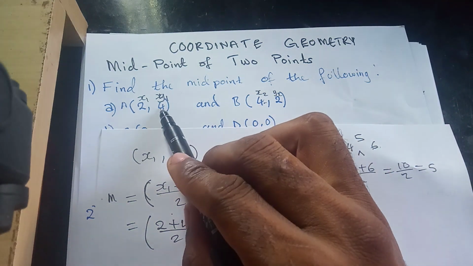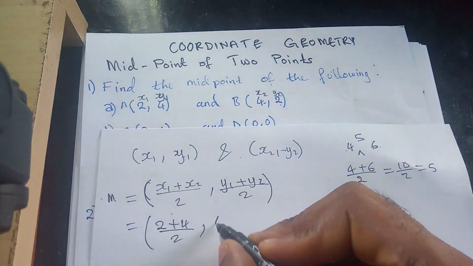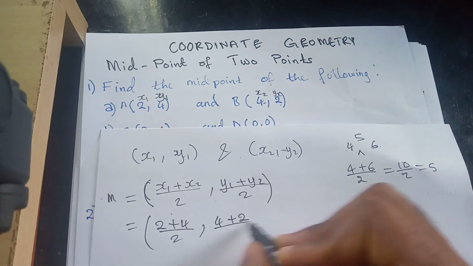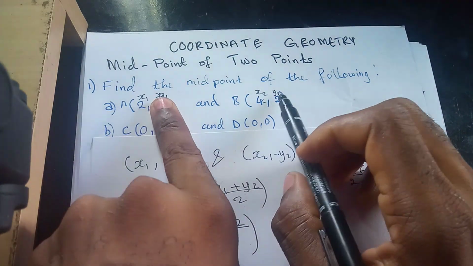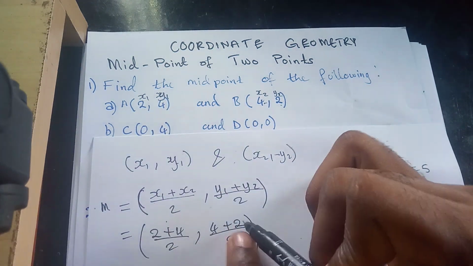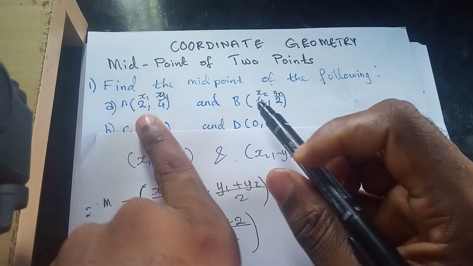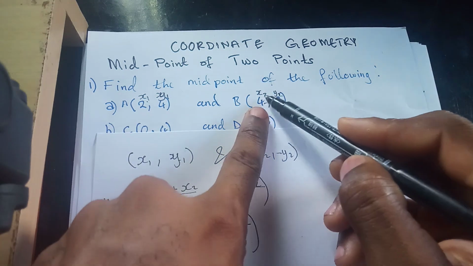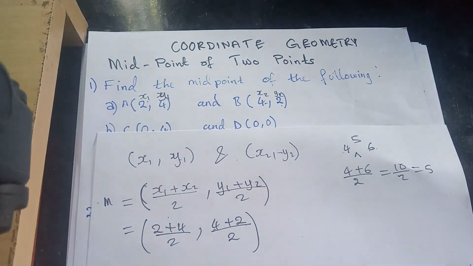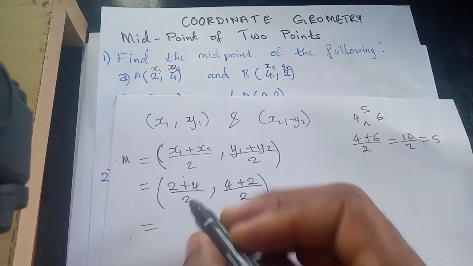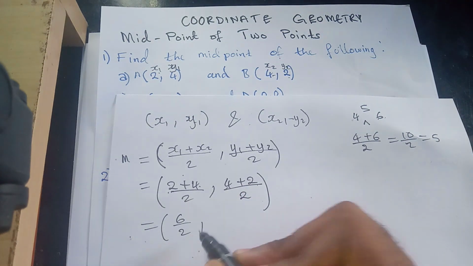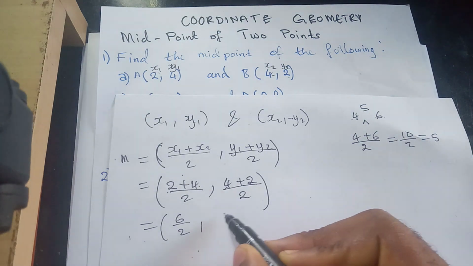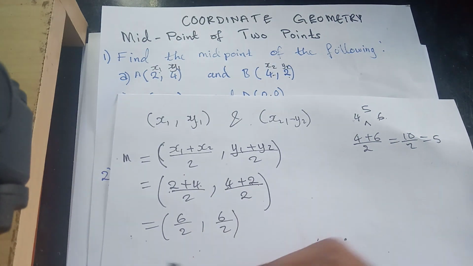So comma, you have a 4 and a 2. So 4 plus 2 divided by 2. In short, x1 plus x2 divided by 2, then y1 plus y2 divided by 2. So 2 plus 4 is 6 over 2, then 4 plus 2, you have a 6 over 2.